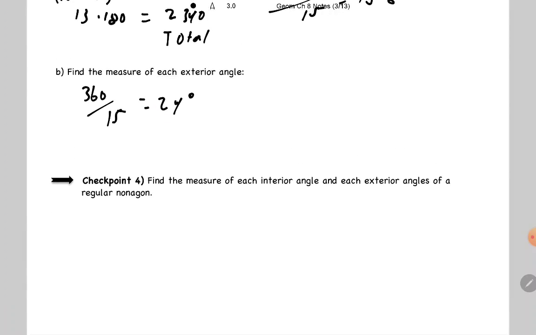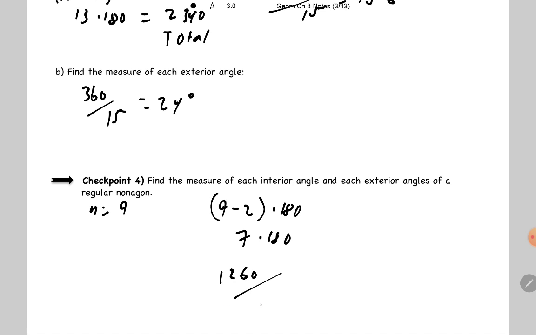Let's do another one. Find the measure of each interior angle and exterior angle of a regular nonagon. A nonagon is 9-sided. If I want to find the total of all the interior angles, I'll take 9 minus 2 times 180, which is 7 times 180, which is 1260.